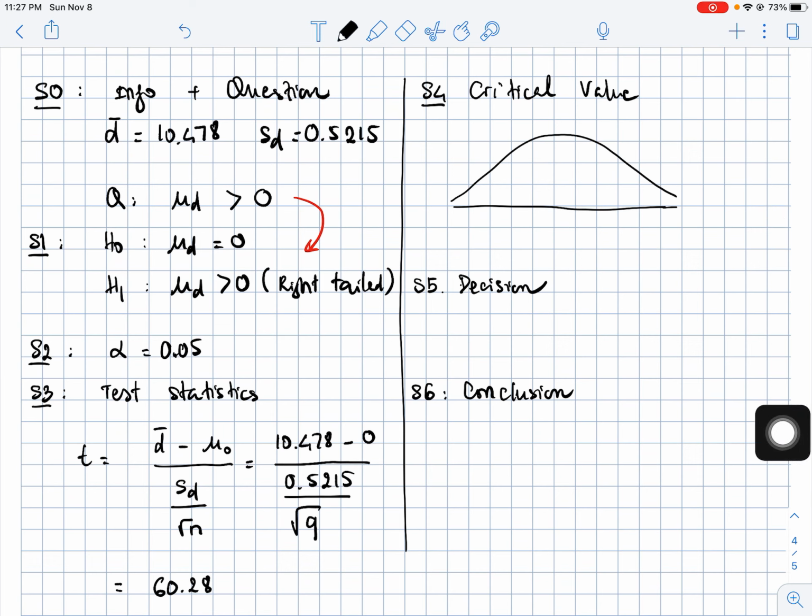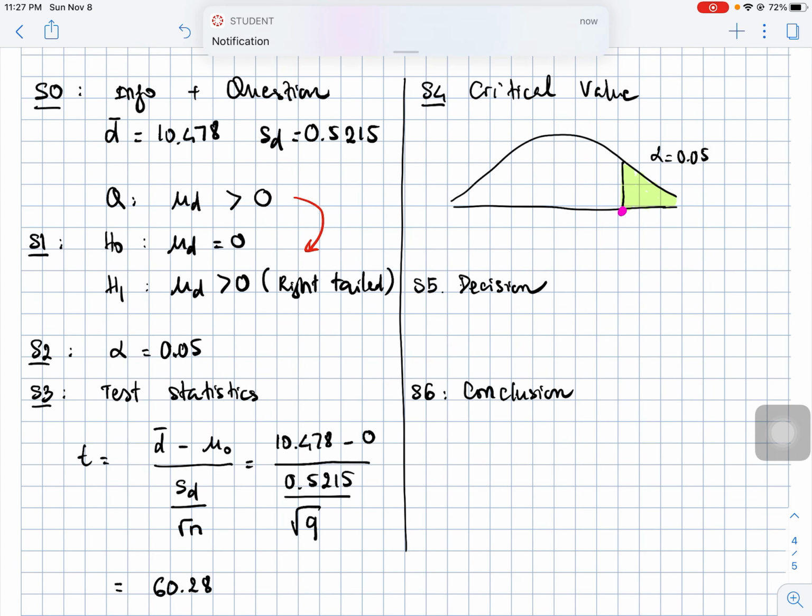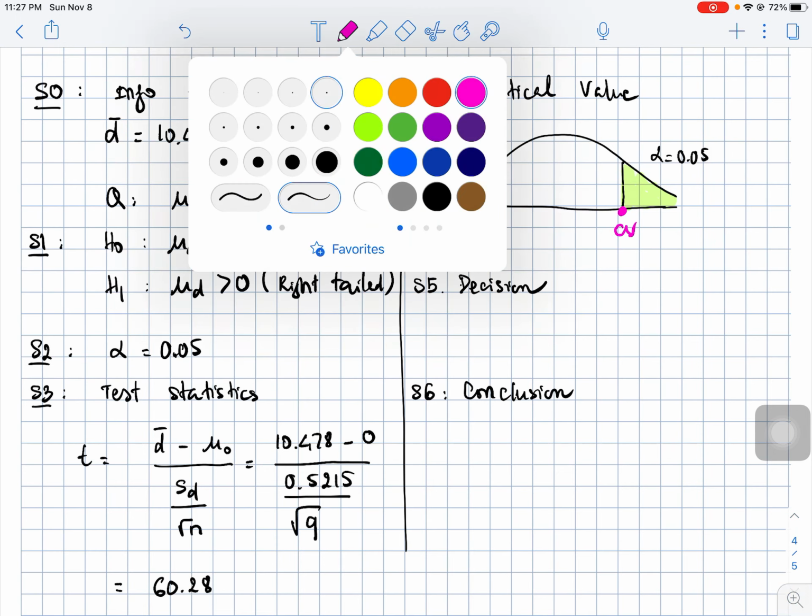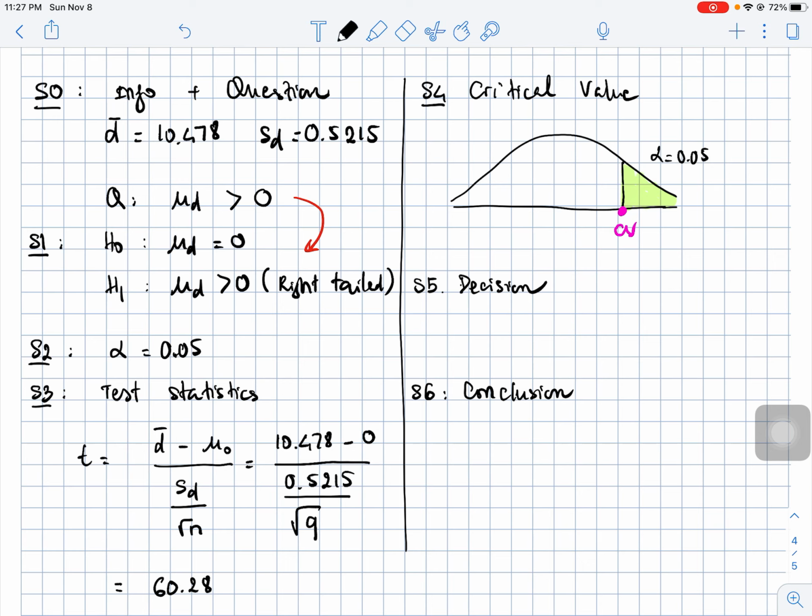Step number 4, we find the critical value. We are using the right tail, so the alpha is the shaded area on the right tail, and the alpha is 0.05. We need to find the critical value, and the critical value is the pink colored point. We will use the T table.